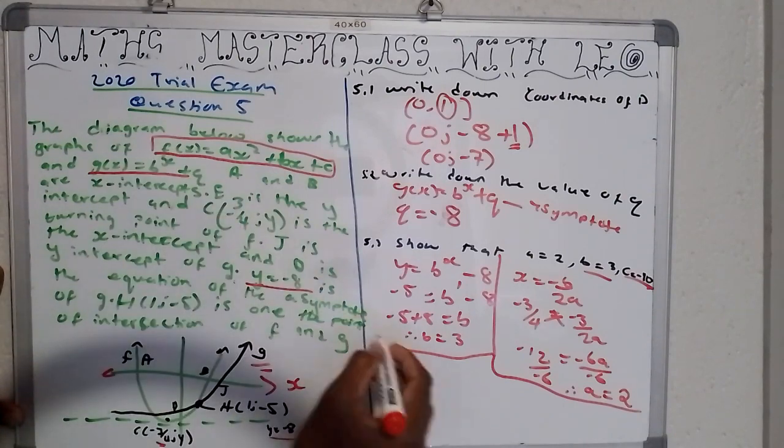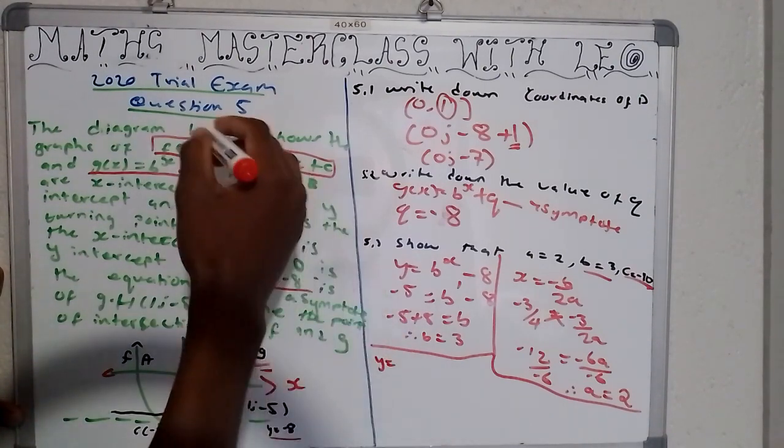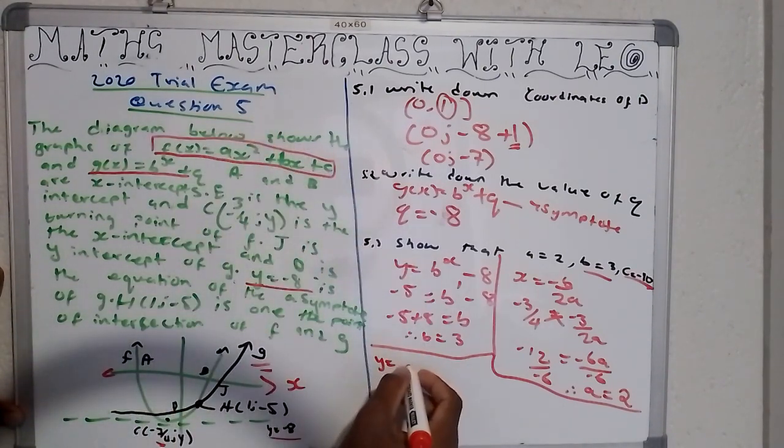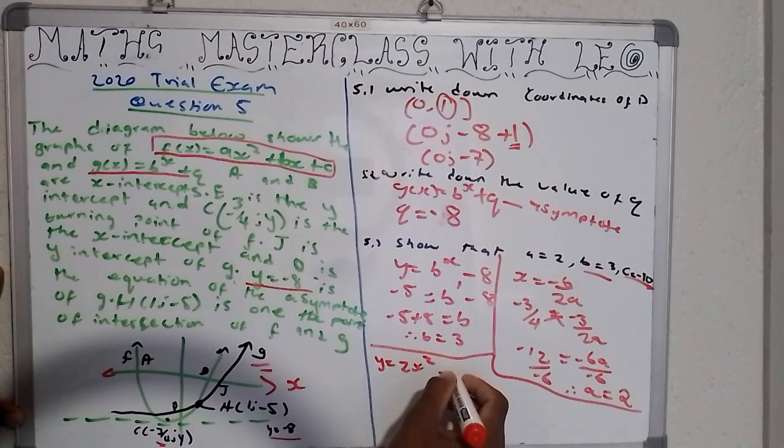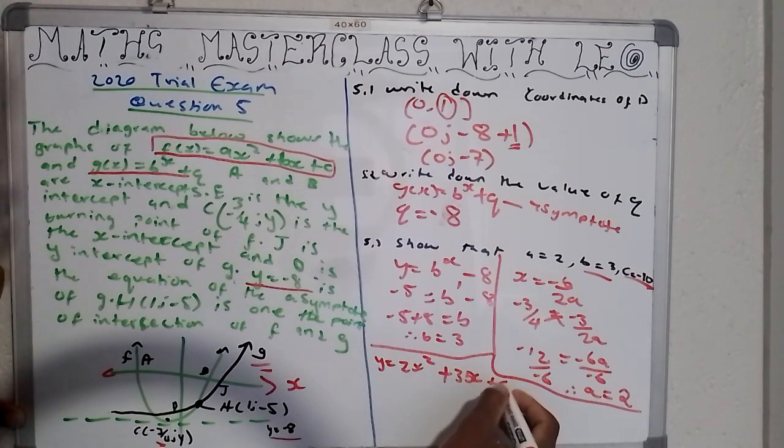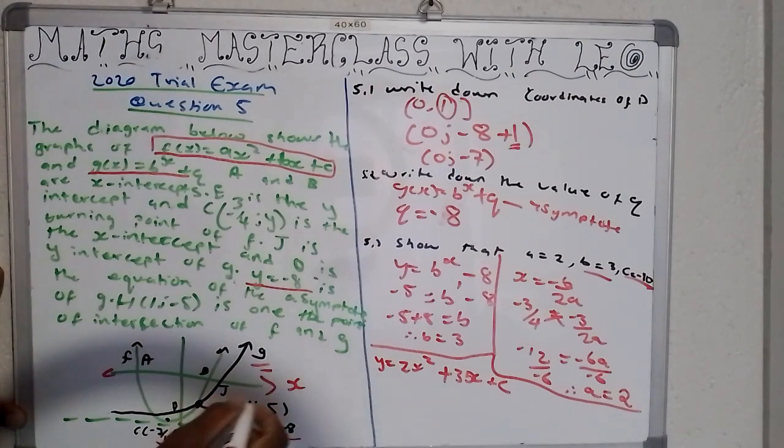How? I can just say y is equal to, what is my a? My a is 2x squared plus 3x plus c. I don't have the value of c, but I have extra pairs of coordinates, which is the coordinates of h.